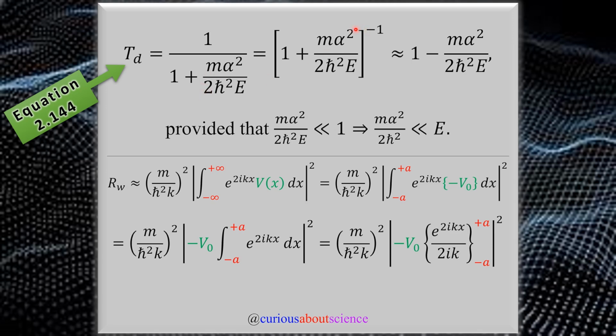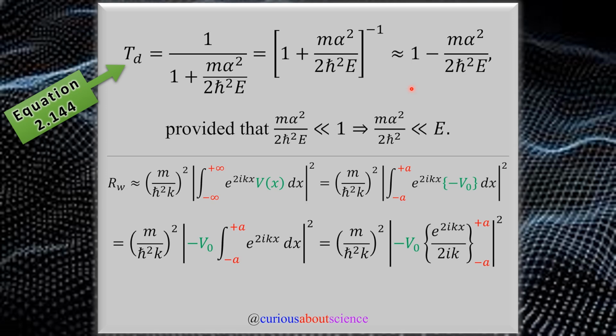But we know that this is all to the negative 1 power, and putting it in this form, realizing that this kind of looks like 1 over 1 plus x, we can use a binomial approximation on this exact answer. And in doing so, what we get is 1 minus m alpha squared over 2 h bar squared E, which is exactly what we're trying to get from the Born approximation side of this equation.